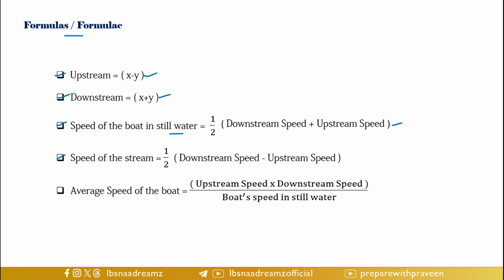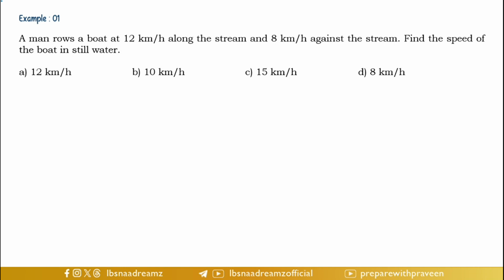To find the speed of the stream, the formula is 1 by 2 into downstream speed minus upstream speed. To find the average speed of the boat, the formula is upstream speed into downstream speed divided by boat's speed in still water. We will use these formulas in the following examples. Let us see some of the examples today.